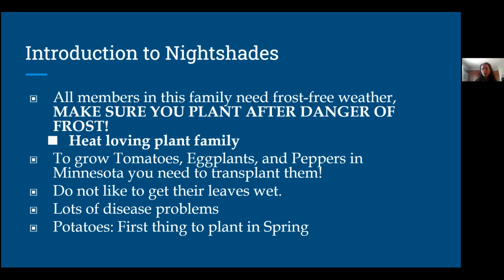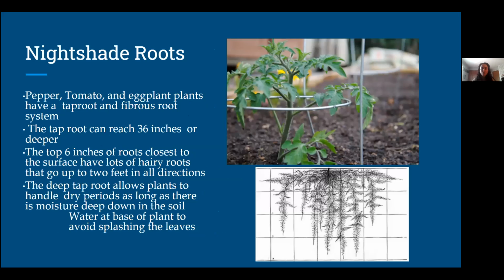Like I said, there are a lot of disease problems with this family, and you will want to plant your potatoes first thing in the springtime if you are going to be planting tomatoes. I'm not sure if we are planting potatoes at the farm or not, but that's something we can address later in the slides.